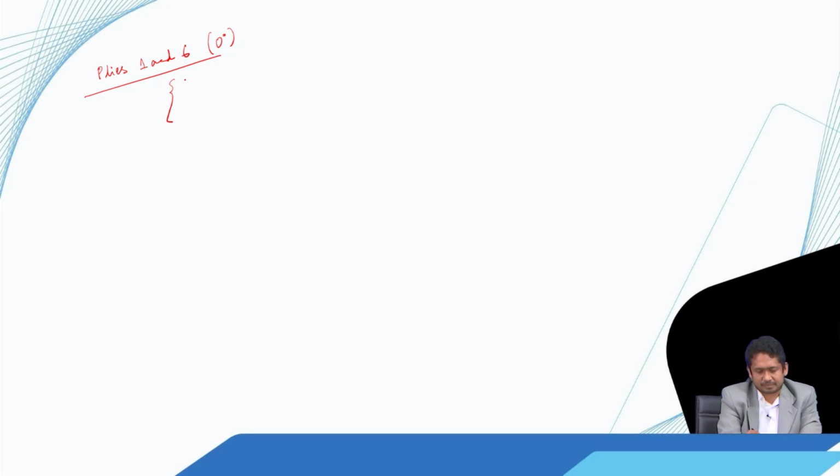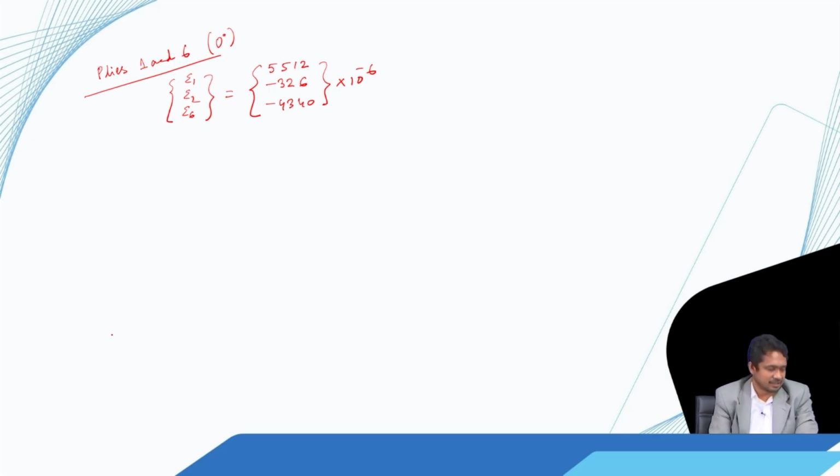So, for them epsilon x, y, s and epsilon 1, 2, 6 are same. So, epsilon 1, 2 and 6 are 5512, minus 326, minus 4340 into 10 to the power minus 6, and then we can find out the stresses.